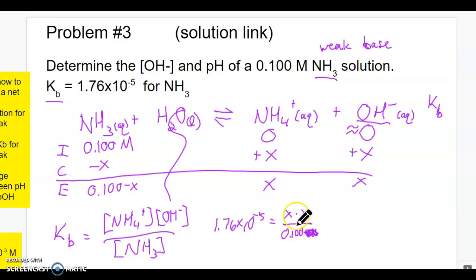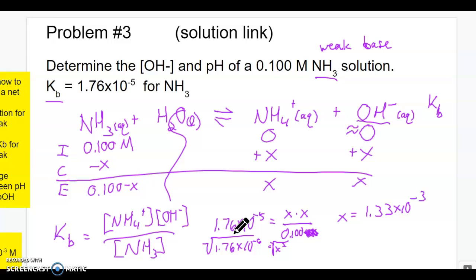Now when I solve for x, I multiply the 0.1 over to the other side, and I take the square root. I'll end up with 1.76 times 10 to the negative 6 equals x squared, but then I need to take the square root of both sides. And I get x equals 1.33 times 10 to the negative third.